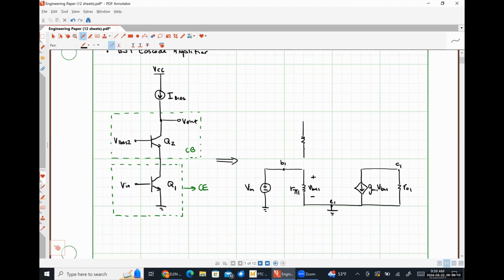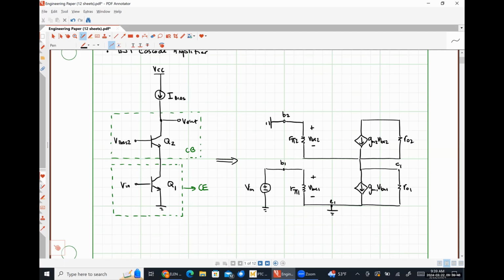That'll be, okay, this will be r pi 2, VBE2. Here's my base of transistor 2, which is at an AC ground. gm2 VBE2, ro2.